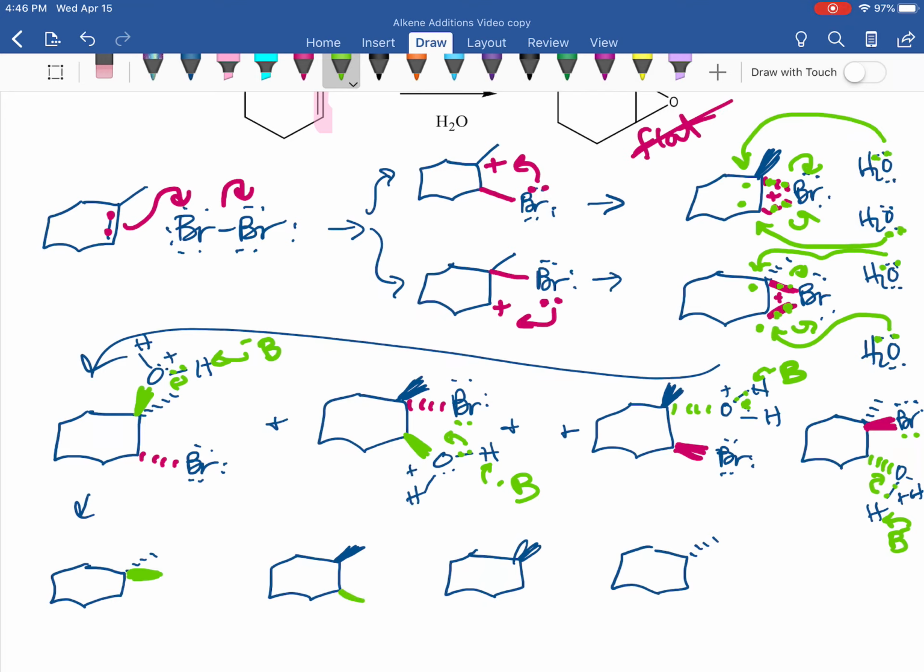And then we've got a nice here, here, here, and here. Okay, I love it. All right, let's put our pink back in there. We've got that, we've got that, we've got that, and we've got that.